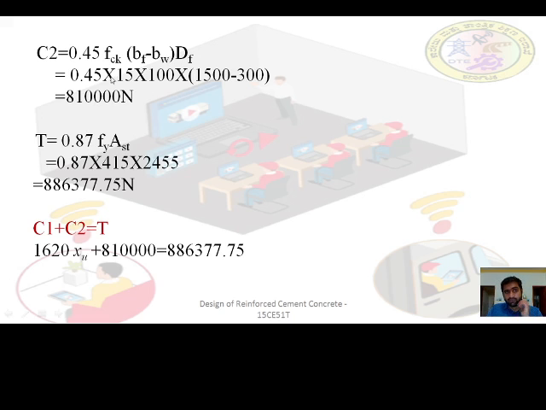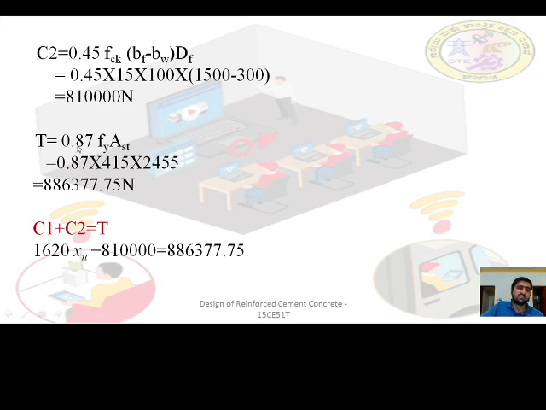C2 is the compression force in the remaining part of the flange, 0.45 times the FCK, BF minus BW, into the depth of the flange. I will substitute. All the terms are direct terms, there is no need to worry. Solve the bracket first, then multiply, we will get 81 followed by 4 zeros Newton.